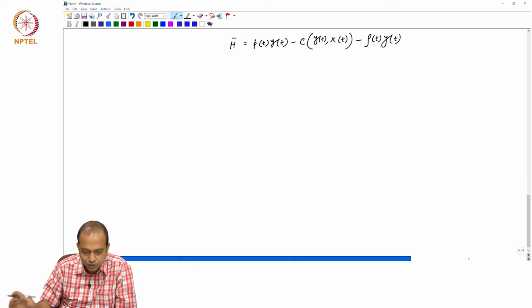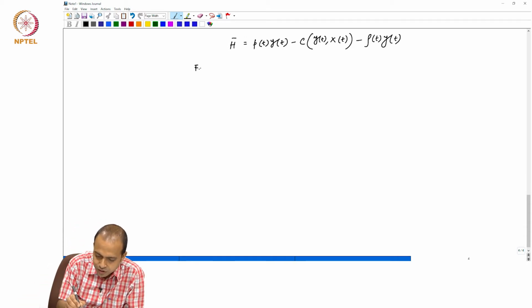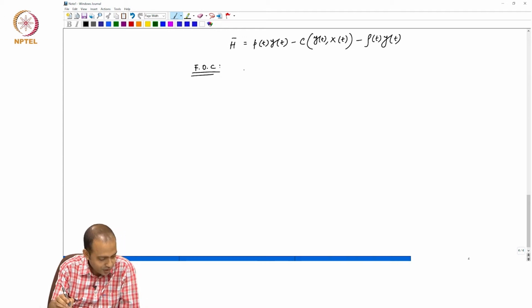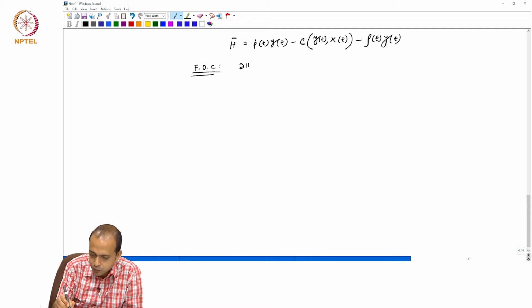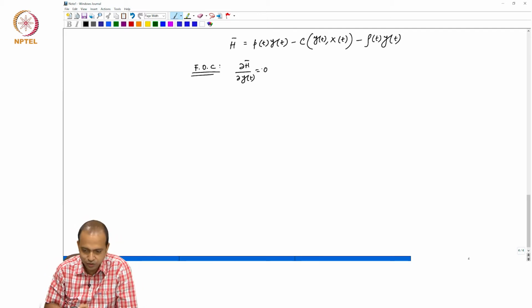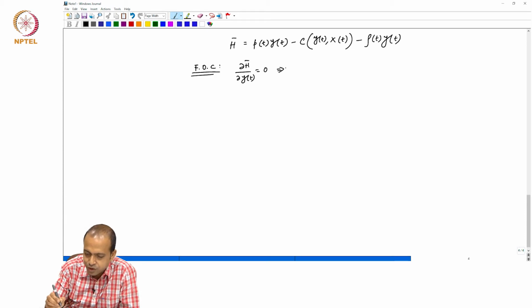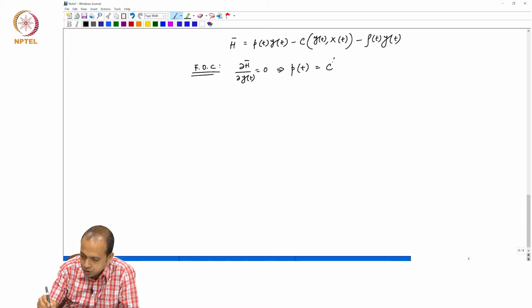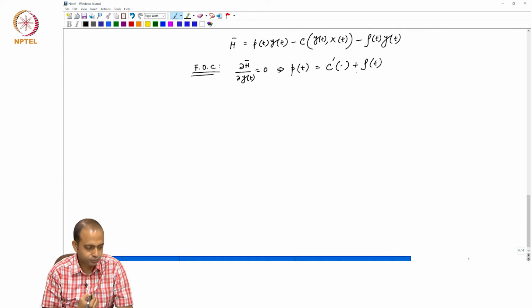Right. So, now first order condition is, what is the first order condition? Basically differentiating this function with respect to y t and set it equals to 0, and that implies what you will get, P t equals to C plus rho t. Okay.